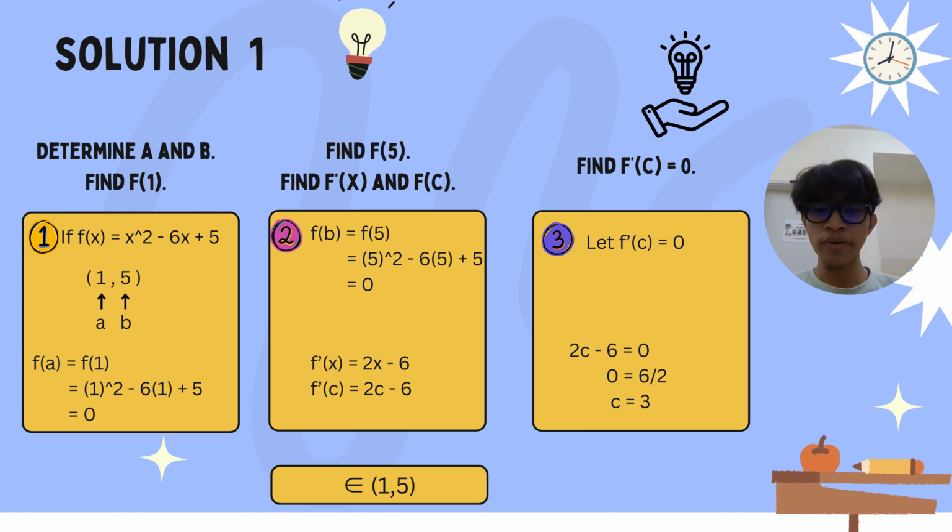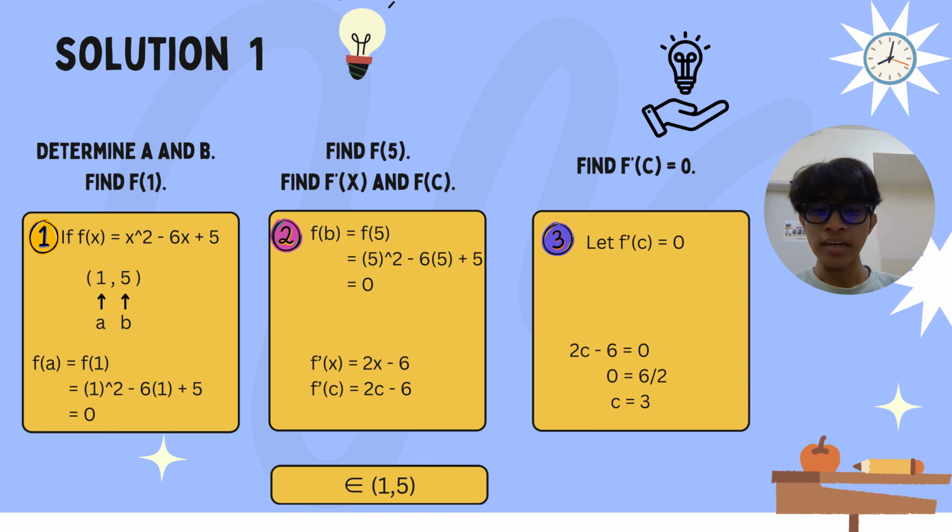For f prime x, we take f(x), which is x power of 2 minus 6x plus 5, and we differentiate it, and it will be 2x minus 6. For f prime c, we change the x to c, and it will be 2c minus 6. And lastly, we need to find c, but we need to let f prime c equal 0.